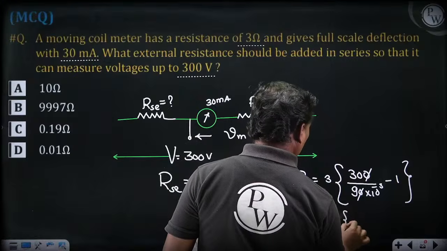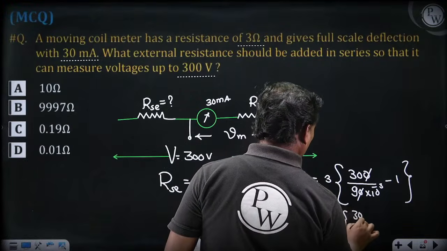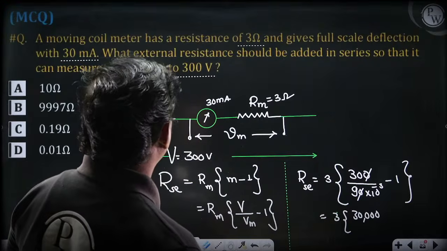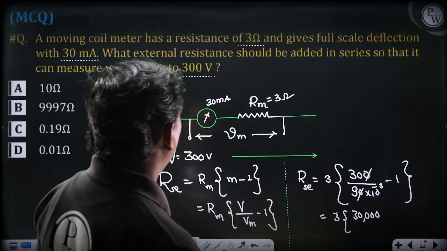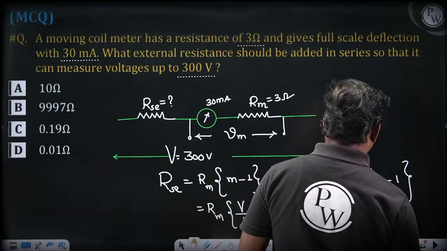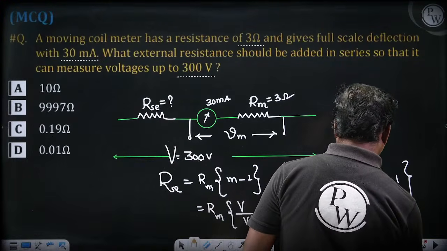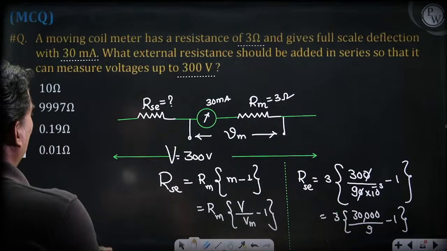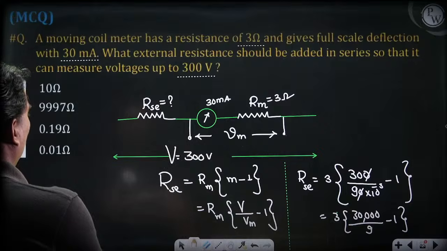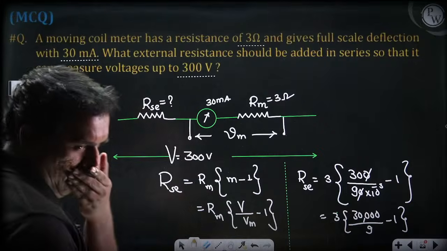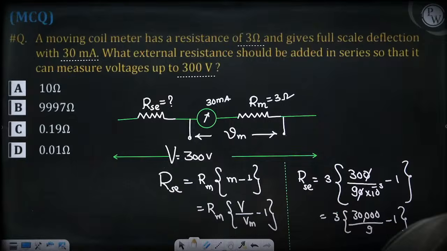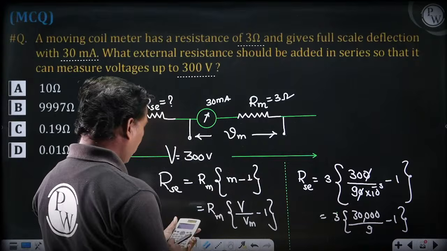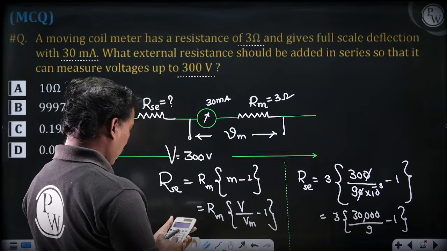This is 30,000 divided by 9, minus 1, into 3.